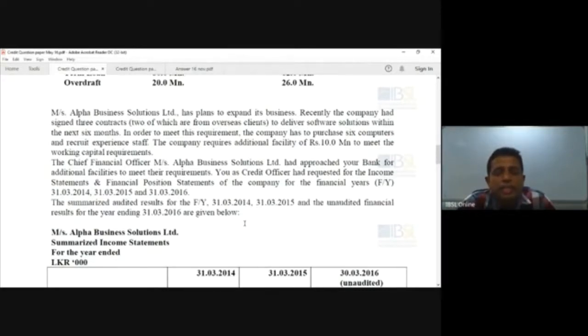The last financial statement, that is the 2016 ending March financial statement, is not yet audited. That is also a point to remember.